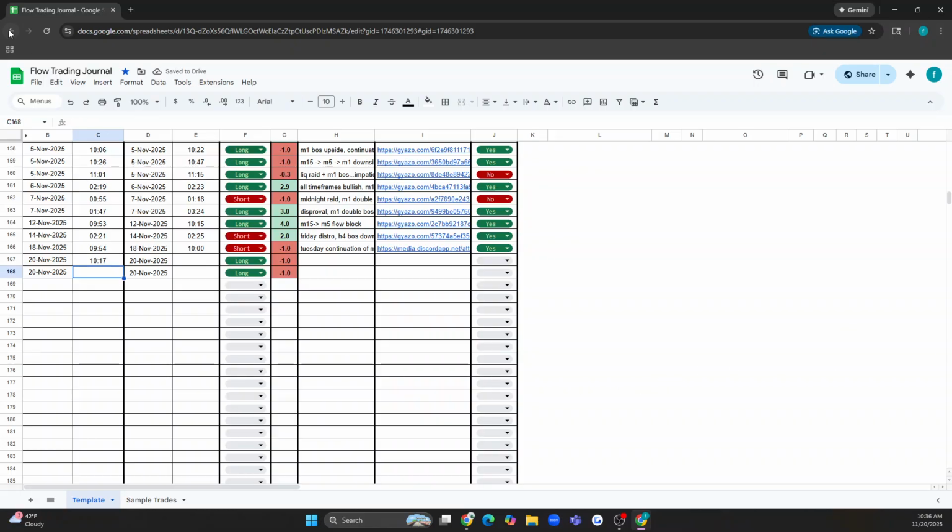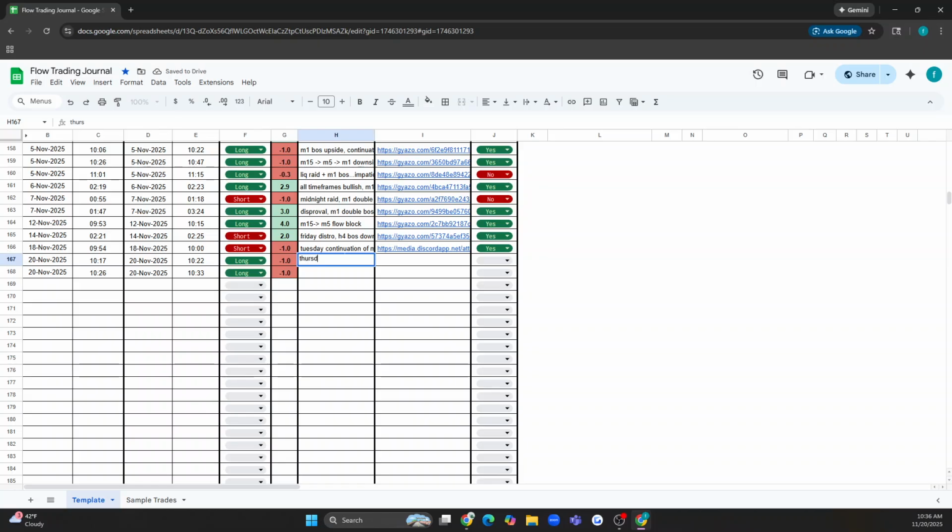Second trade was at 10:26. First one ended 10:22, and second one ended at 10:33. So very, very quick trading day today.